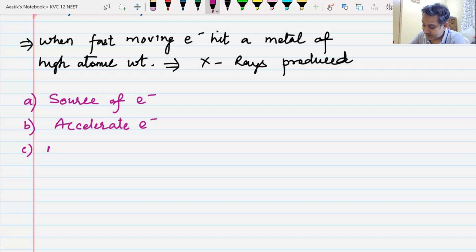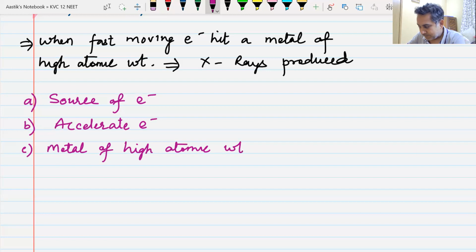And then you need a metal of high atomic weight, which can be used as your target metal, which is going to eventually produce your X-rays. Do we understand this? Yes, sir.